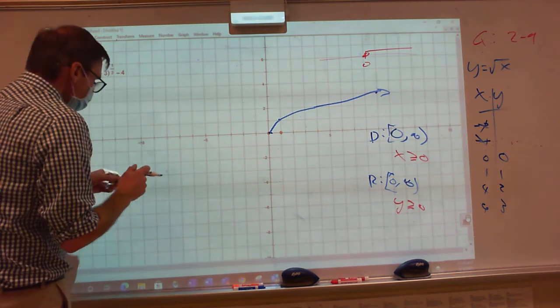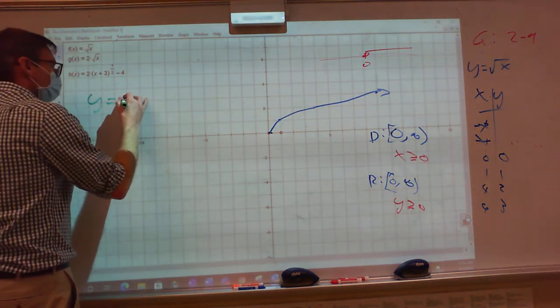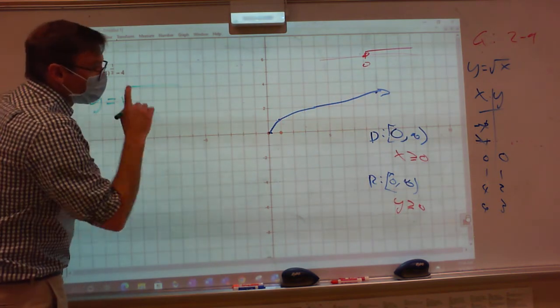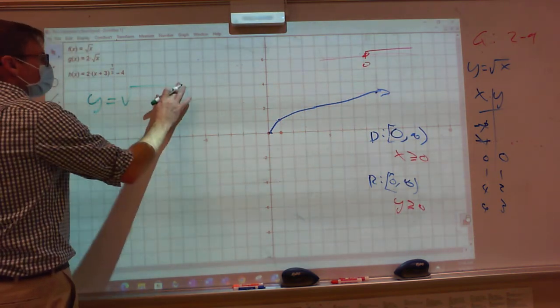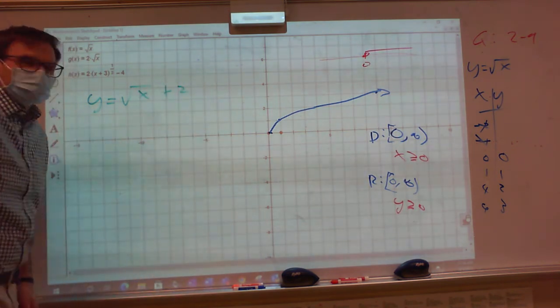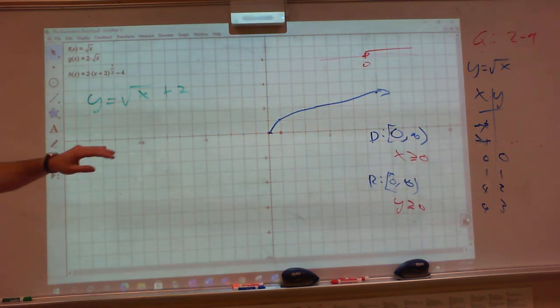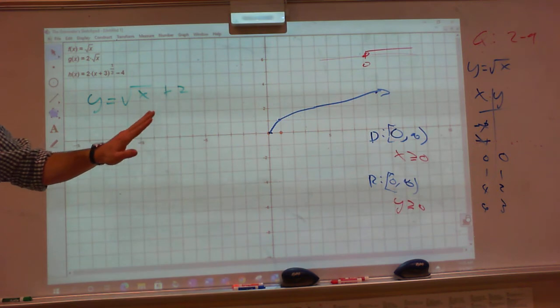For example, I'll do the same thing I did the first period. Let's say I give you y is equal to the square root of x plus 2. What does that plus 2 do?